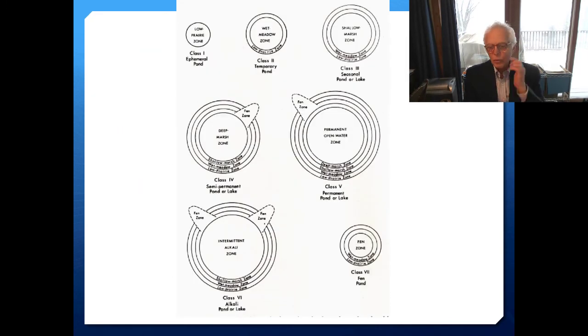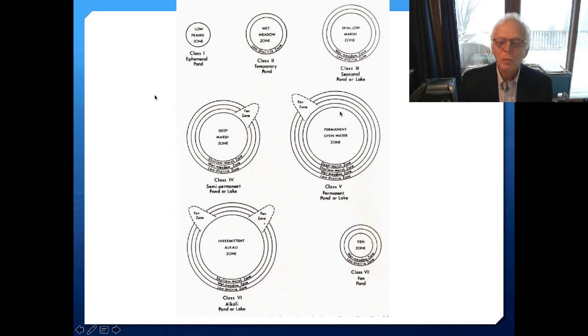Now, I won't go deeply into these classifications, but these are just some diagrams showing that you can have within one system a variety of aspects, different zones within those 7 different classification types, and there can be, for example, in a fen, a low prairie zone, a wet meadow zone surrounding the fen.